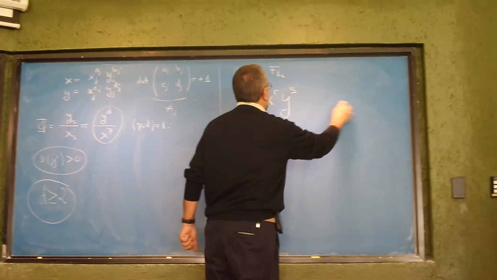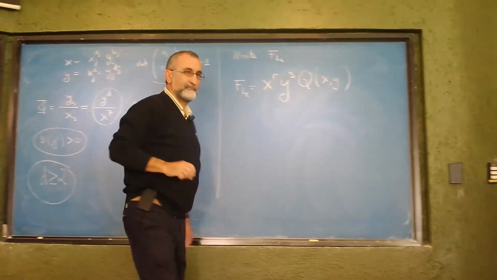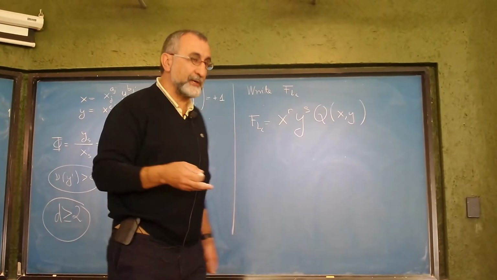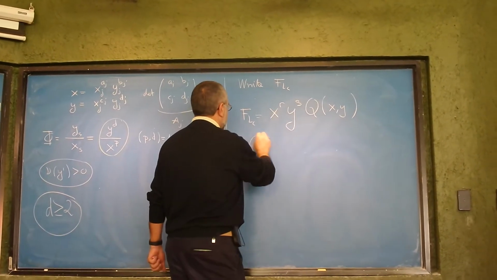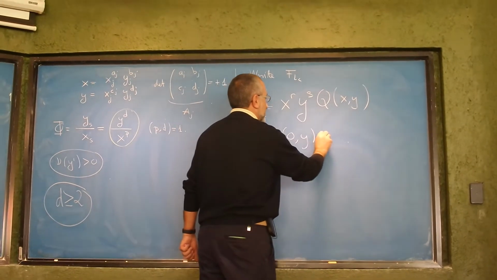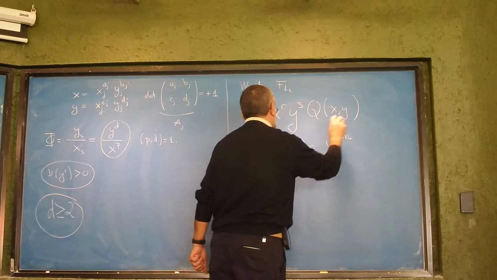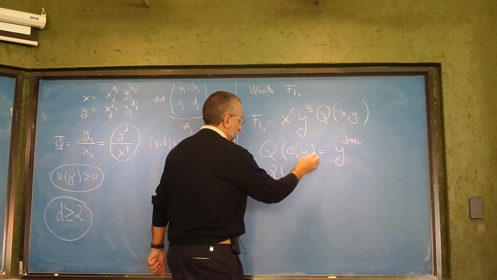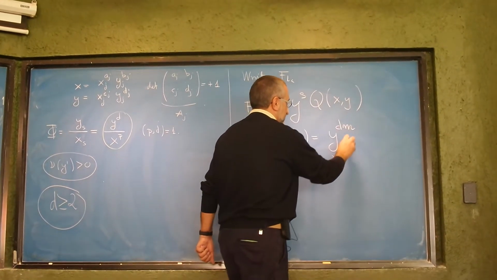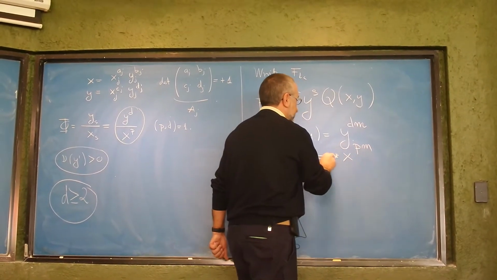And here you have a polynomial q of x,y. What appears in this polynomial q of x,y? What appears is that q of 0,y is of this type, y to the power b m, and q of x,0 is x to the power t m, maybe with a coefficient here.